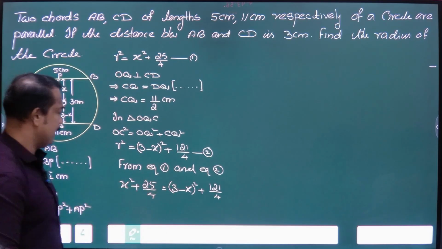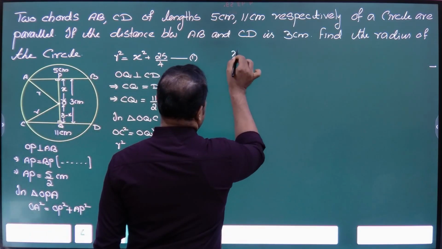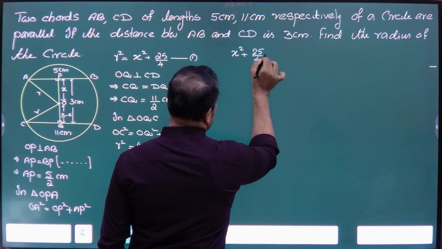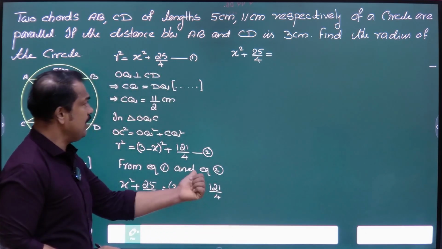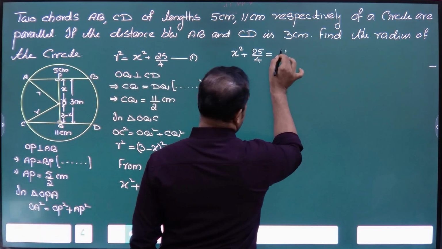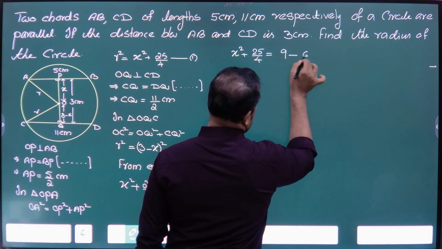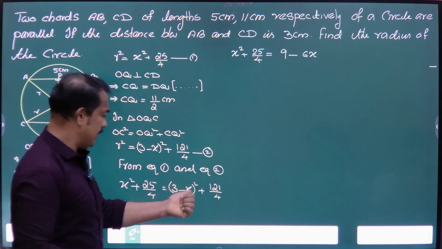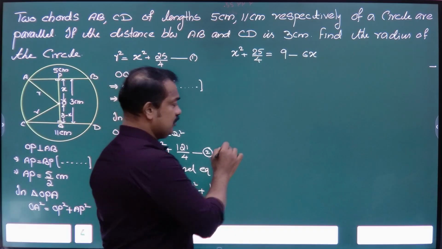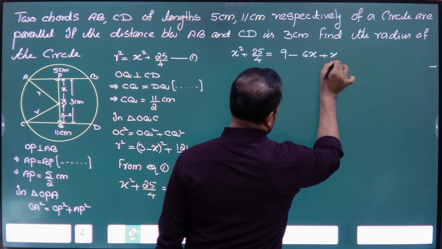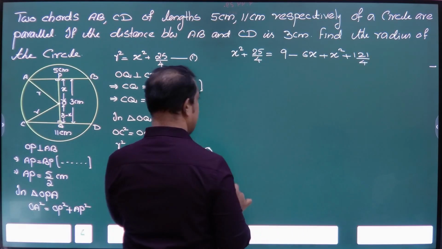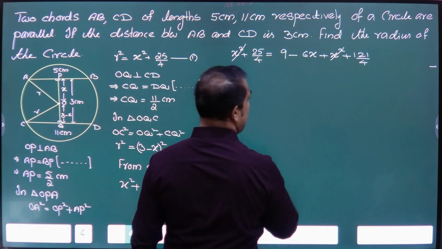Now open this bracket by using the identity. x square plus 25 by 4 equals a minus b whole square: a square, 3 square is 9, minus 2ab, 2 into 3 into x, 6x, plus b square, plus 121 divided by 4. x square cancels.